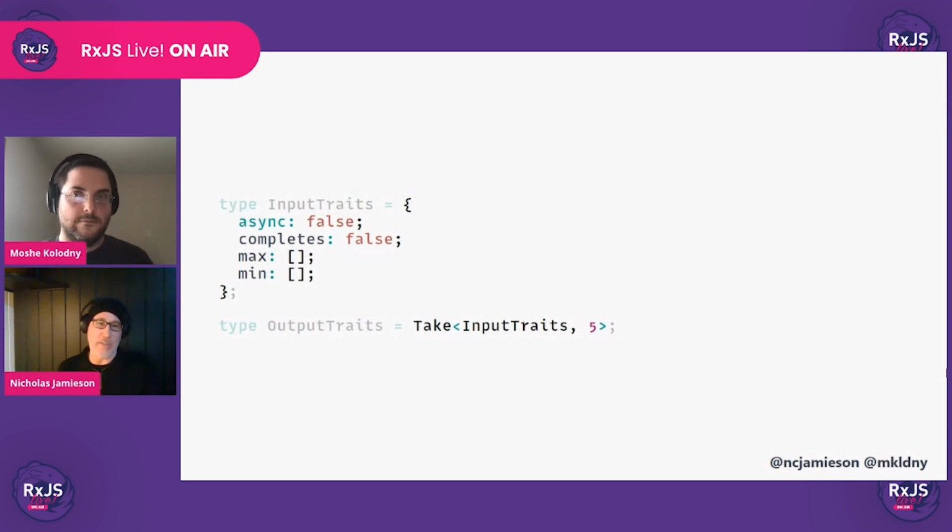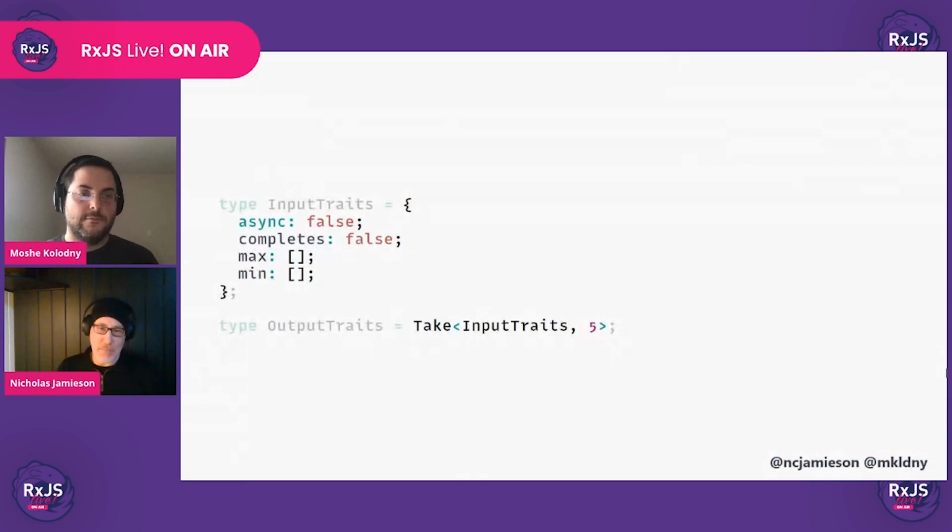Because if we were to look at, say, the max property inside of this type, we would find one of the complicated conditional types that Moshe was talking about in the type level programming, because the take type here is the type that encompasses all of the type level programming that's manipulating the input traits, which is a worry, because what we want are the actual properties.